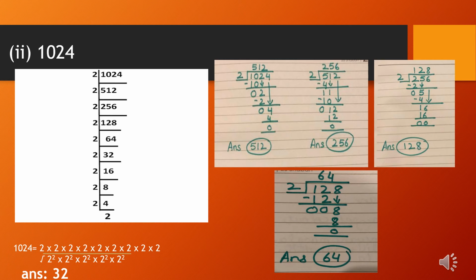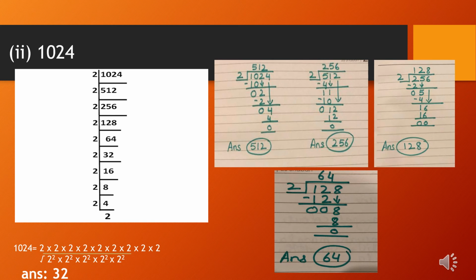This is how you can follow all the rough work and divide each and every number by 2 to get the prime factors. I am using 2 because it is a prime number. You cannot start this question by using 4 or 6 or any other composite number, because we have to stick to the method of prime factorization. So after your prime factorization is done, you are going to write all the factors as shown below.